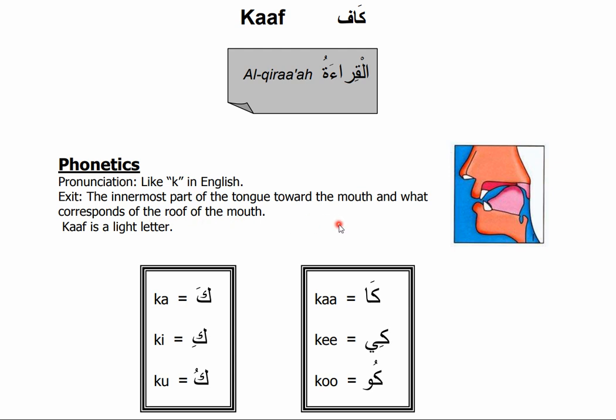Actually it is a bit confusing, but the easy way is: the deepest part of your tongue, and just above your epiglottis, where you find the roof of the mouth as the hard part. There you can touch with the deep part of your tongue, and then you can pronounce the letter kaf. Kaf is a light letter.